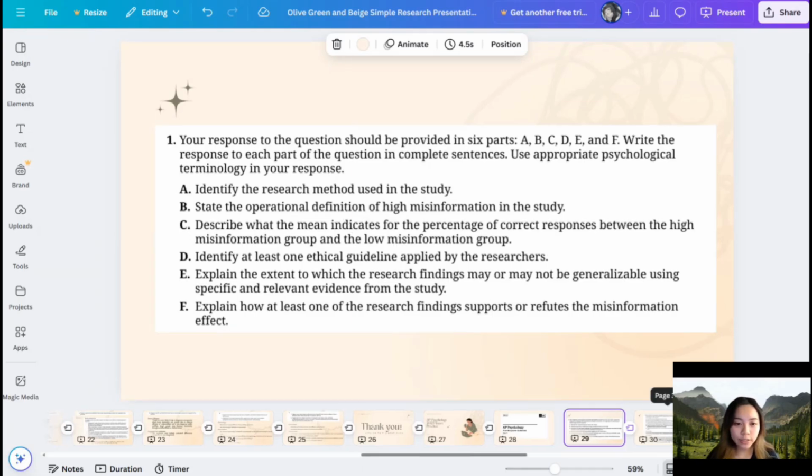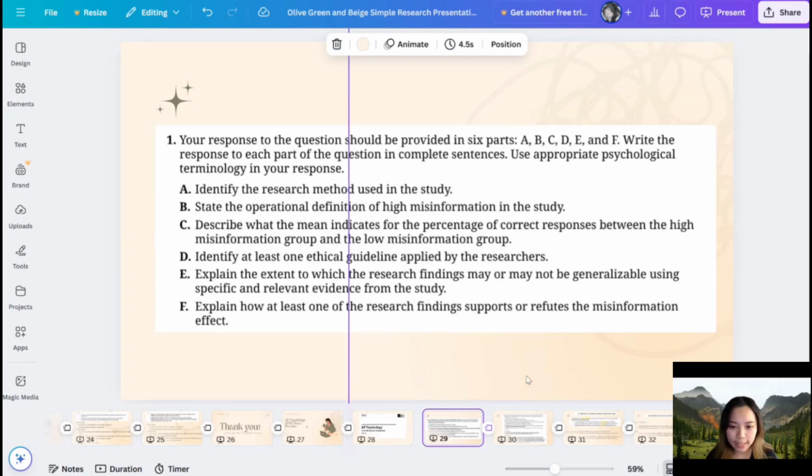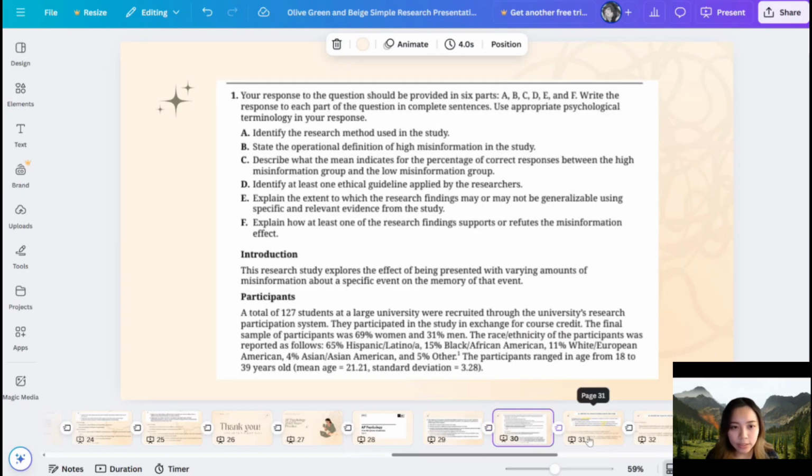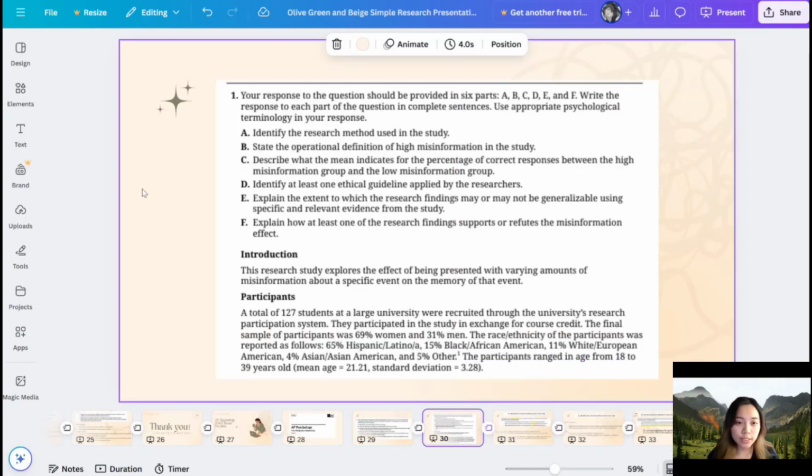Okay. Because we already introduced what we need to look out for, let's just skip this slide and get into the intro. The introduction for this study is: the research study explored the effect of being present with varying amounts of misinformation about a specific event on the memory of that event.